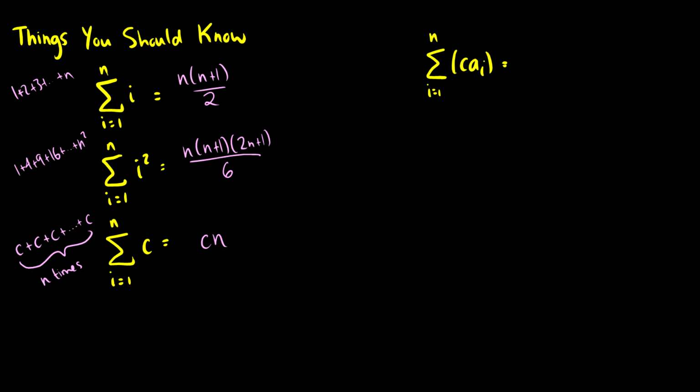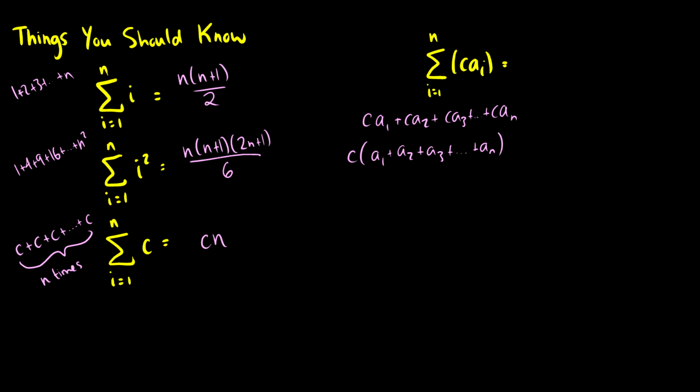Now, a cool thing about taking multiples of numbers when doing sums is that if you have c times a1 plus c times a2 plus c times a3 all the way up to c times an, you can factor out a c, and you can make the computation a little bit easier.